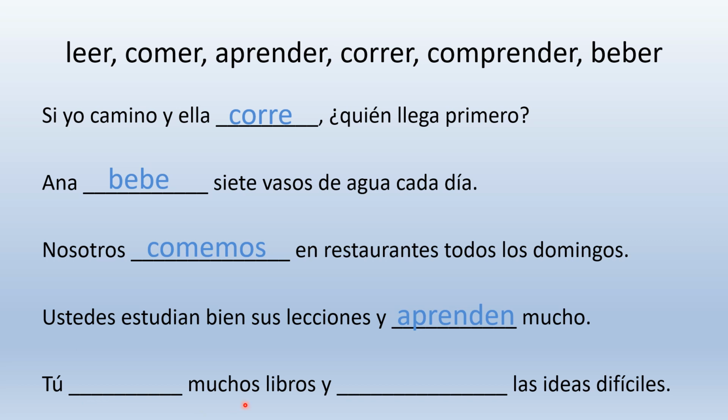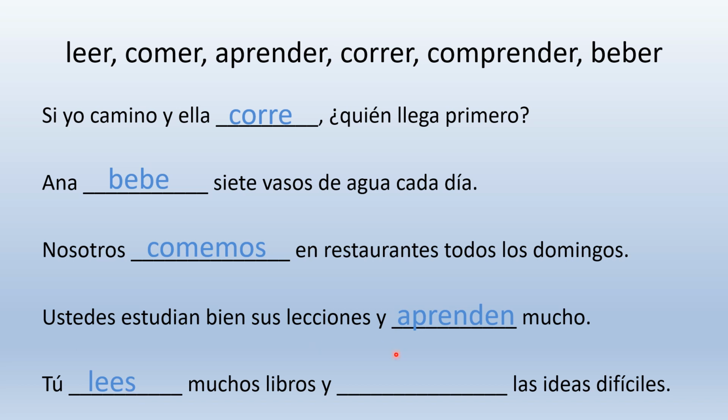Mucho means a lot, but when it's used to describe a plural noun, it means many. So you do something with many books. Maybe leer, to read. And if we say tú, we need to conjugate it with es. So tú lees muchos libros.